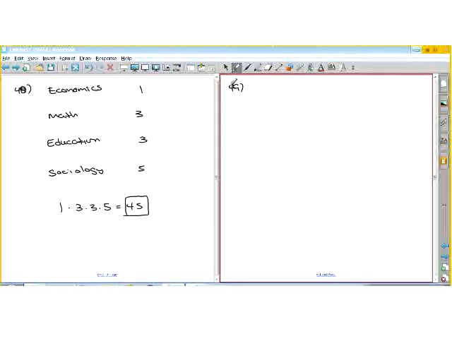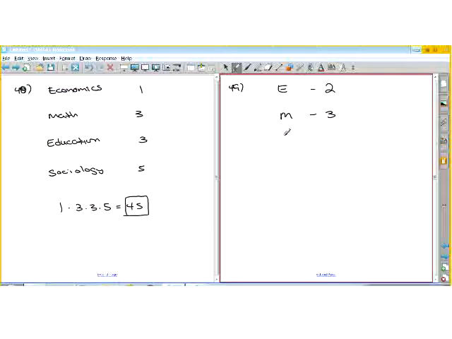So 49. It says all sections of minorities in America and women in American culture are already filled. So we do the same thing. I'm just going to use a letter here for economics. So we have 2 from economics. We have 3 from mathematics.